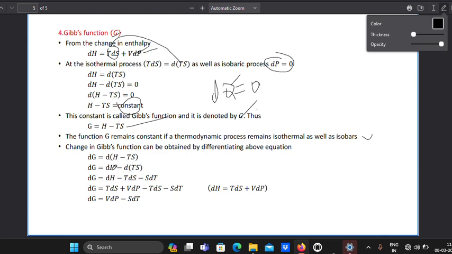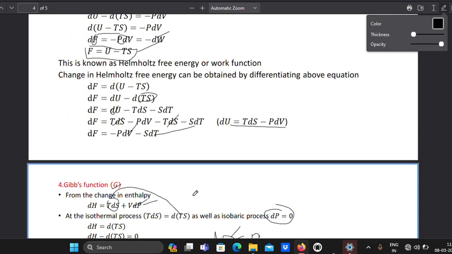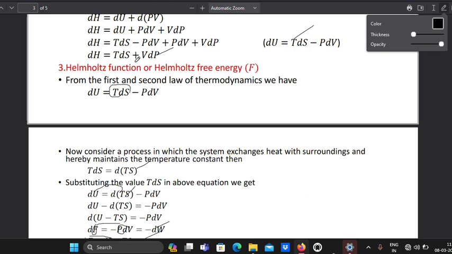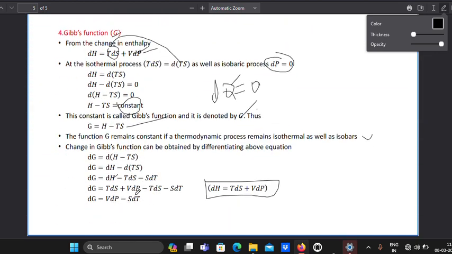It is like this, and it is the UV method: TdS minus SdT and dH. So already we calculated dH above, TdS plus VdP. See here where it is, TdS plus VdP. So that formula is substituted here in the place of this, and this one and this one get cancelled. So finally we got this one.